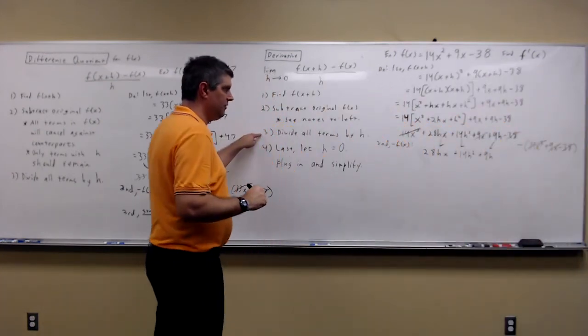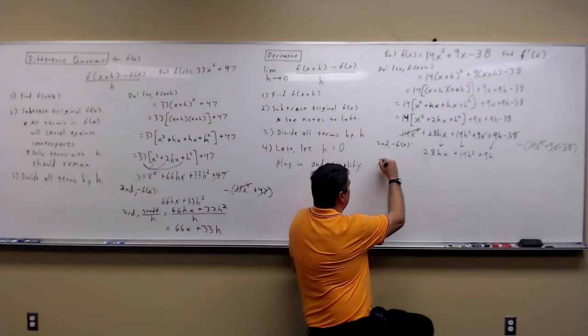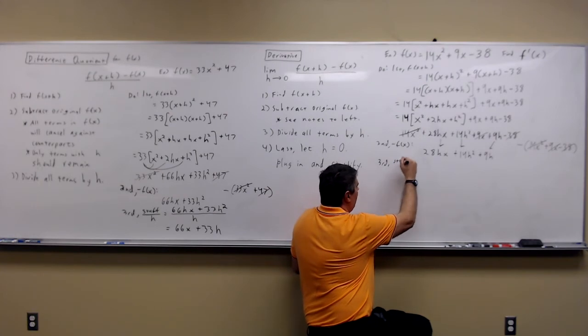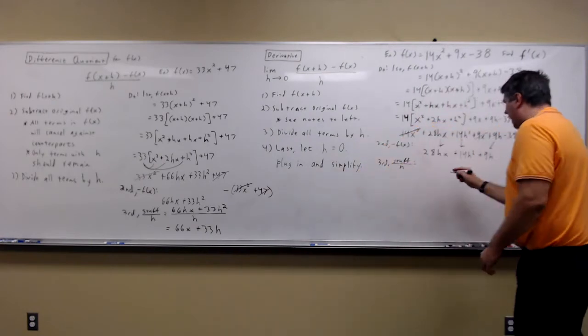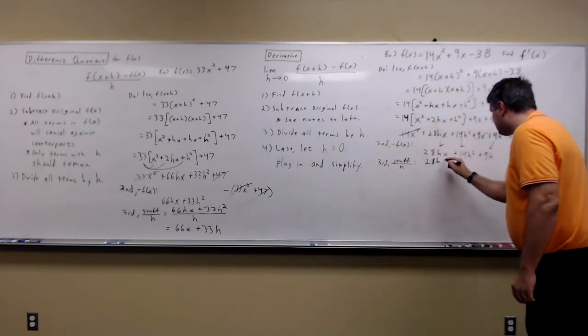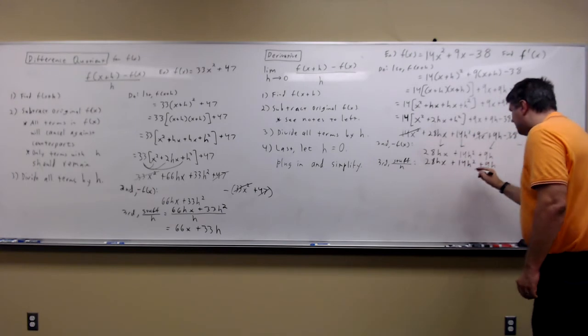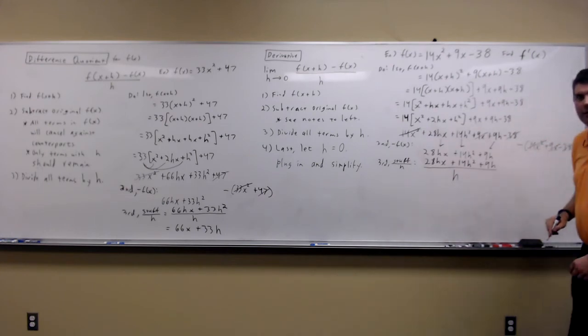Third, divide off the h. So third, I have stuff over h. And that stuff is what I got here. So 28hx plus 14h squared plus 9h over h.